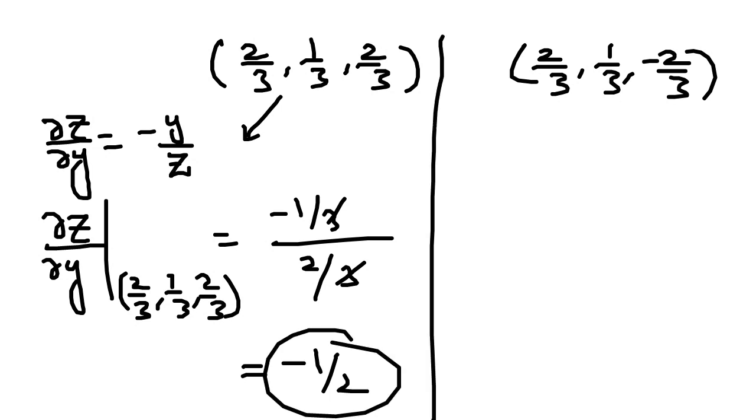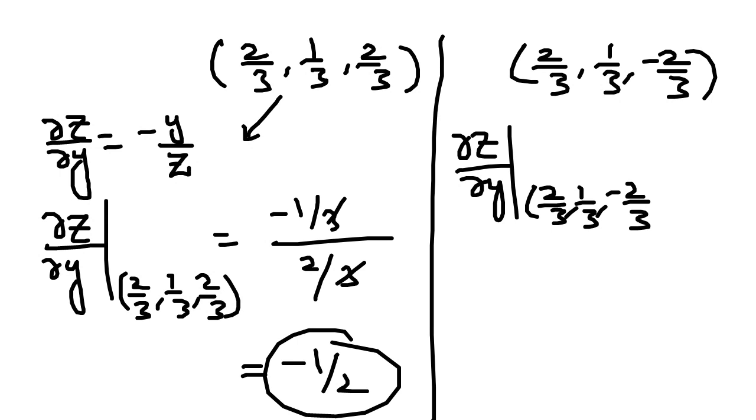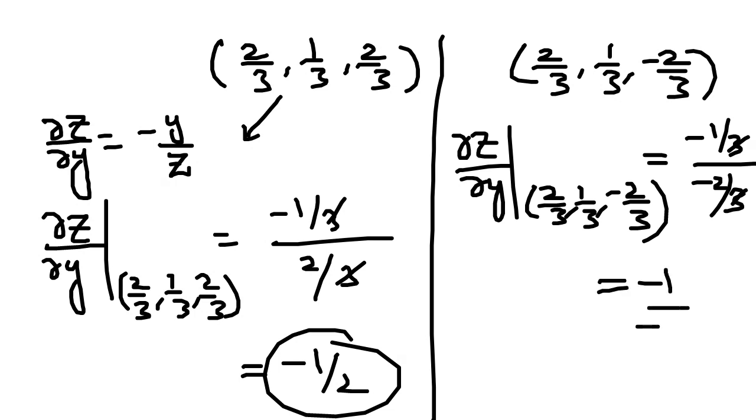For this point, partial z over partial y at 2/3, 1/3, and minus 2/3, that is equal to minus 1 over 3 divided by minus 2 over 3. 3 and 3 cancel, that is minus 1 over minus 2, which is equal to 1 divided by 2. So these are the slopes of the sphere in the y direction. Is this clear?